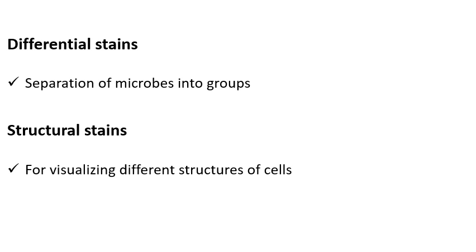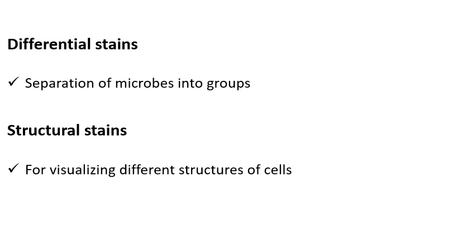Especially, differential staining is used for the differentiation of microbes, like Gram stain, that is Gram positive organisms and Gram negative organisms, or acid fast staining is also used in differential staining.